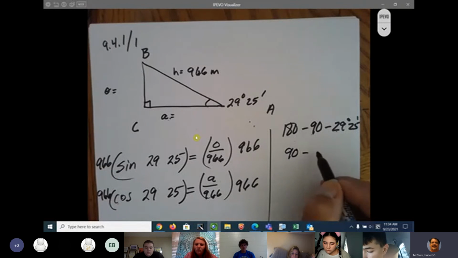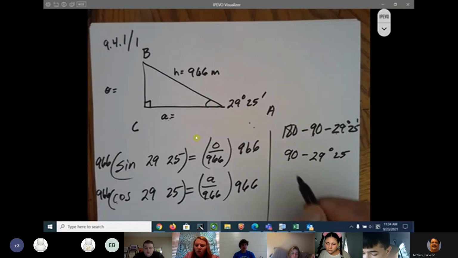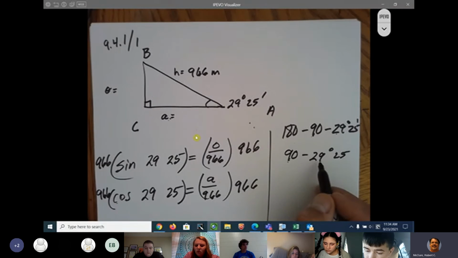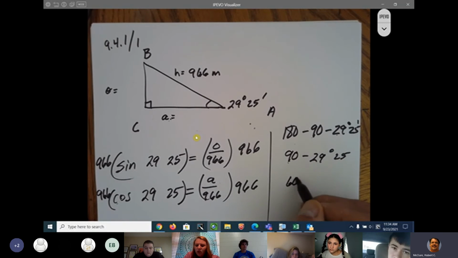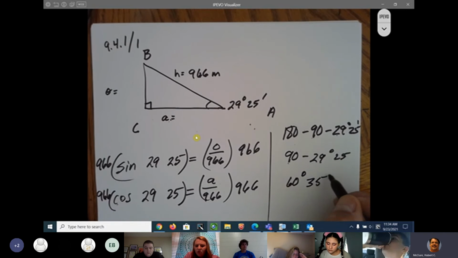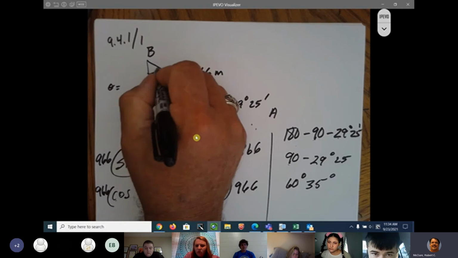So that's 90 minus 29.25. 90 minus 29 is going to be 61, but it's going to be a bit less. 60.45 or 60.35? What is it? 35. So is that the angle, 60.35?